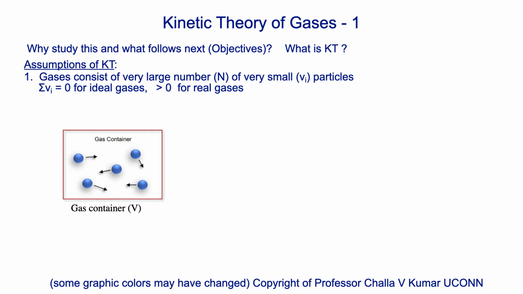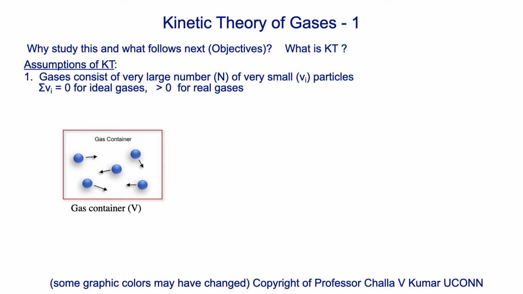We also assume the particles do not attract or repel each other, meaning that each individual particle does not experience any force of attraction or repulsion from another particle in the gas sample. Now, this assumption is also true only for ideal gases.